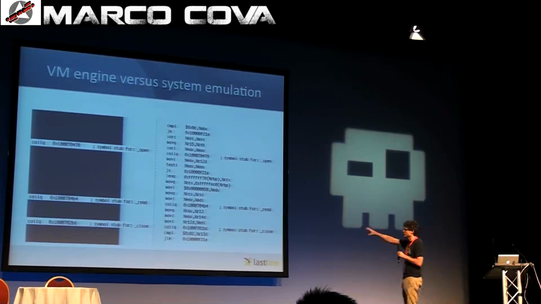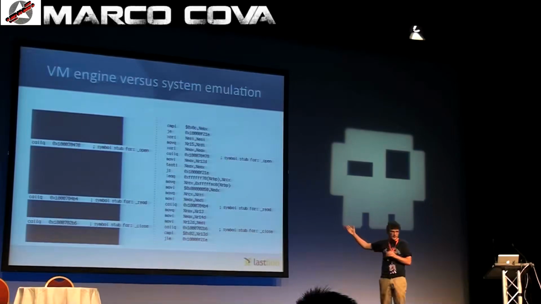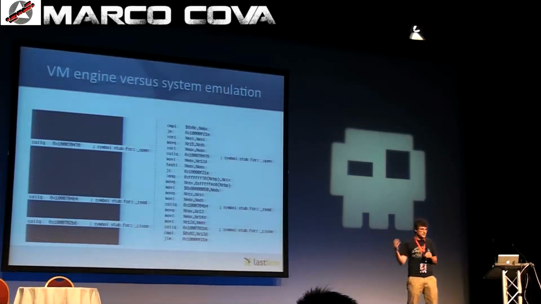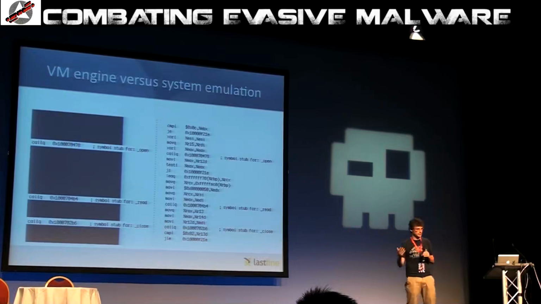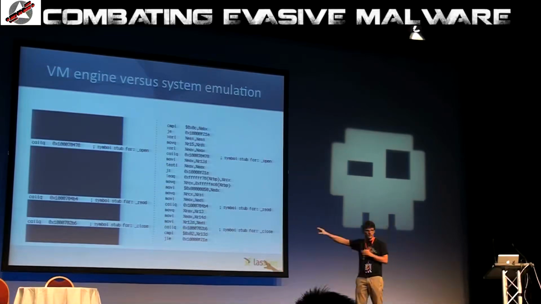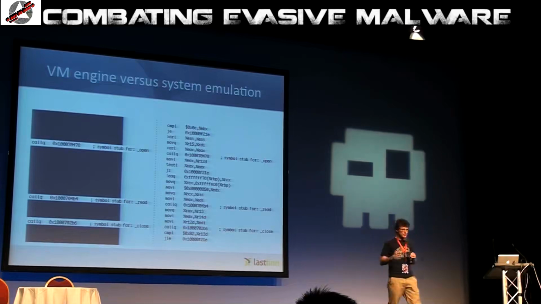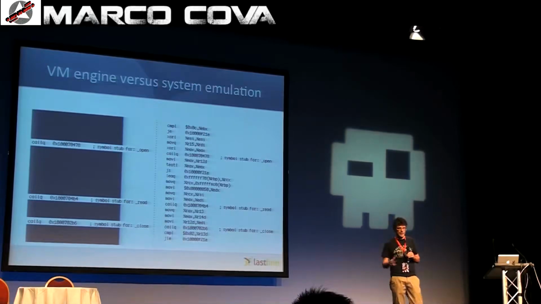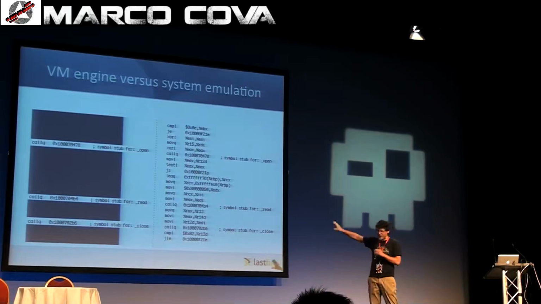For example, if you consider a sample like this, a traditional sandbox understands that it's opening a file and it knows the file name, and maybe it's a sensitive file, maybe the passwords file in the browser. Then you can see that it's reading some bytes of that file, and then it's closing the file. So as an analysis system, you gain a lot of useful information. You know that a sensitive file is being read, but there are some questions that you cannot answer. You don't know what happens between those system calls in the gray boxes, okay?